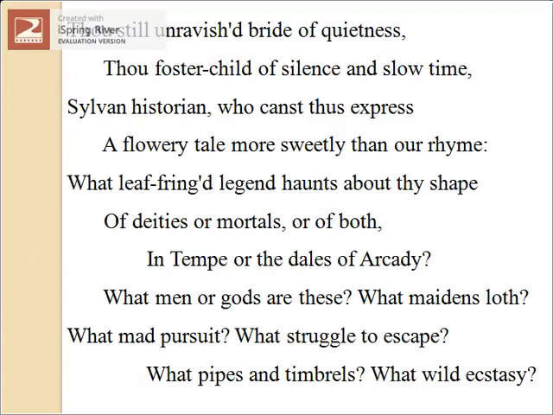So men and women both are portrayed, young men and women, and it seems that a man is trying to capture the hand of the lady, as if she is going and he is stopping. You don't go, you don't go, and she's trying to go away from the clutches of the man. So what mad pursuit, what struggle to escape.